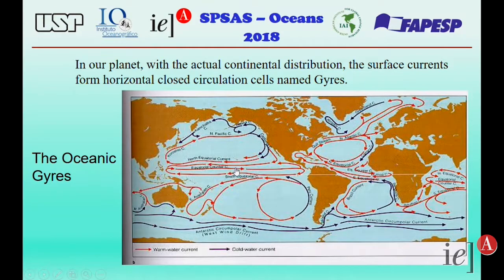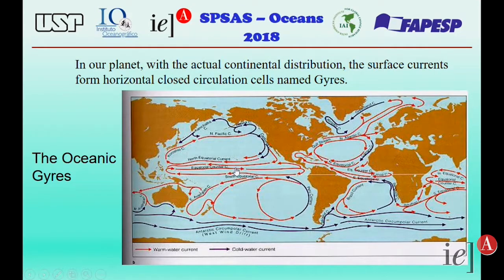And this is what we call anticyclonic circulation. Anticyclonic circulation is a circulation in the clockwise sense in the northern hemisphere. Remember it. Anticyclonic is clockwise in the northern hemisphere.